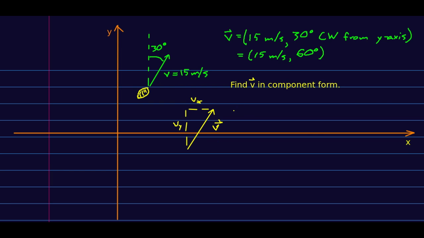And we want to know Vx and Vy, and we know that this is 30 degrees, and we know that this is 15 meters per second. So we can just do usual trigonometry. Vx over V, that is the opposite over the hypotenuse, and so that's sine of the angle we're talking about, so 30 degrees, right? And so Vx is V sine 30 degrees.